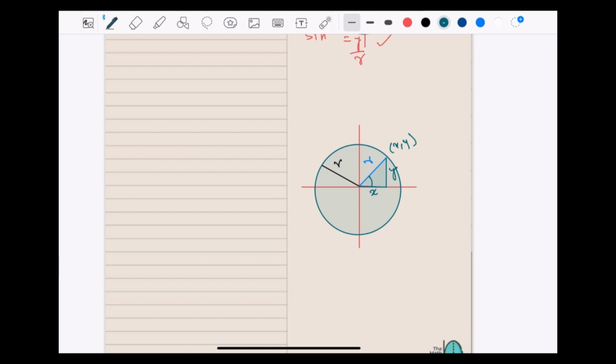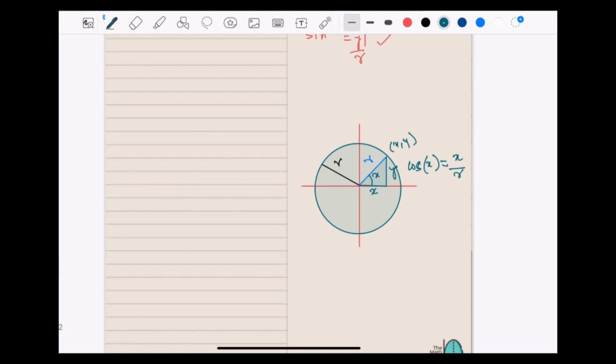I can write that cos of, let's call this x, is equal to, since adjacent over hypotenuse, x over r. But in the second quadrant, notice that when I say second quadrant, it means all the angles from 90 to 180. This one. This is the second quadrant.